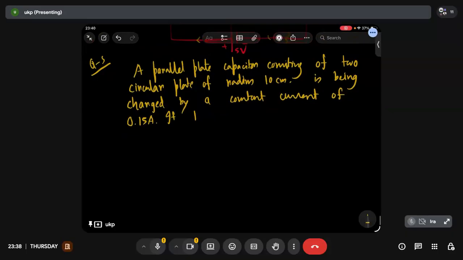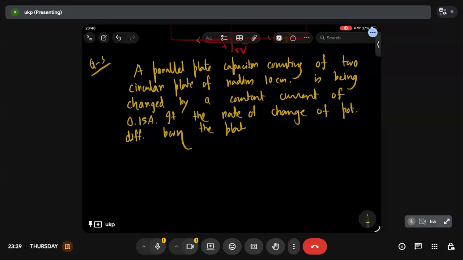If the rate of change of potential difference between the plates is 7 into 10 to the power 8 volt per second.